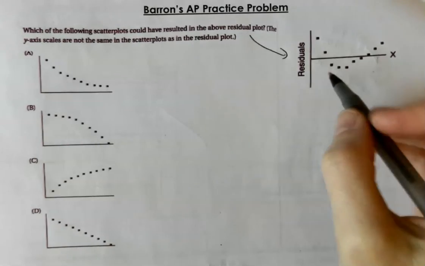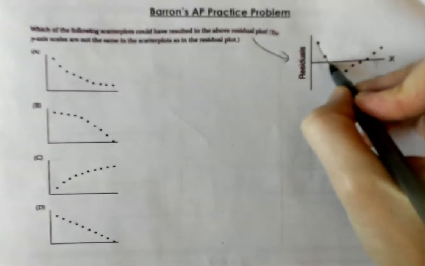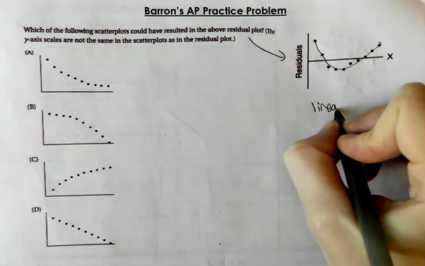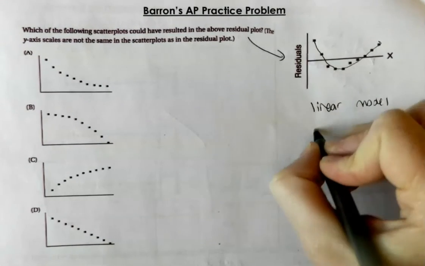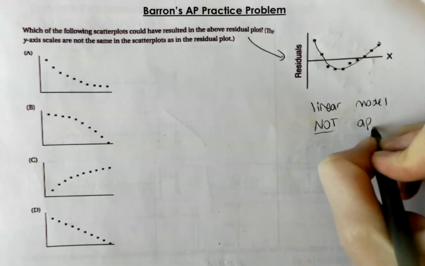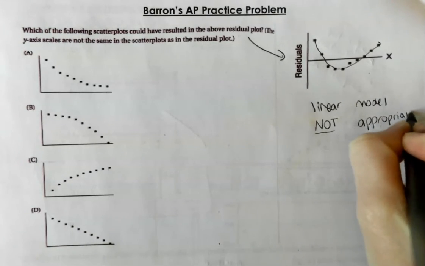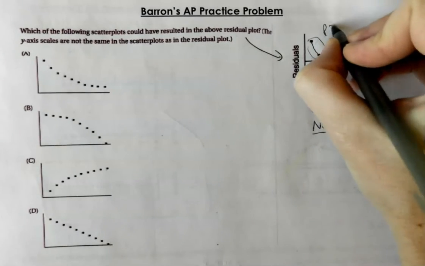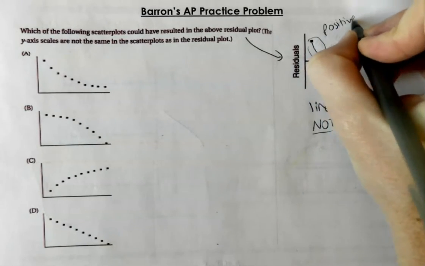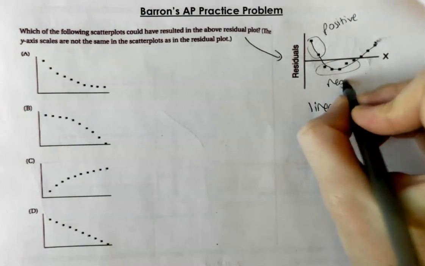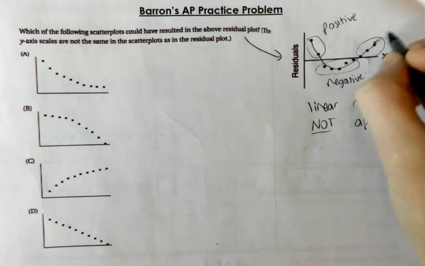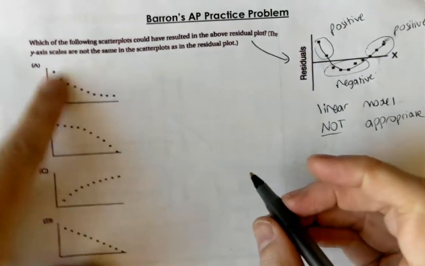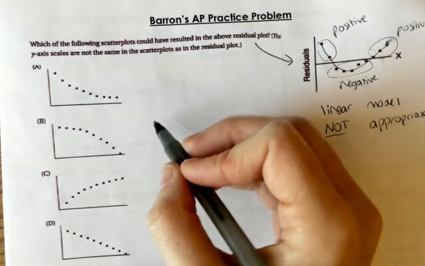Okay. So this residual is obviously curved, right? So we know that a linear model is not appropriate. All right, we also know that we've got positive, then we've got negative, and then we've got another group of positive. So let's go ahead and draw our line of best fit for all of these.